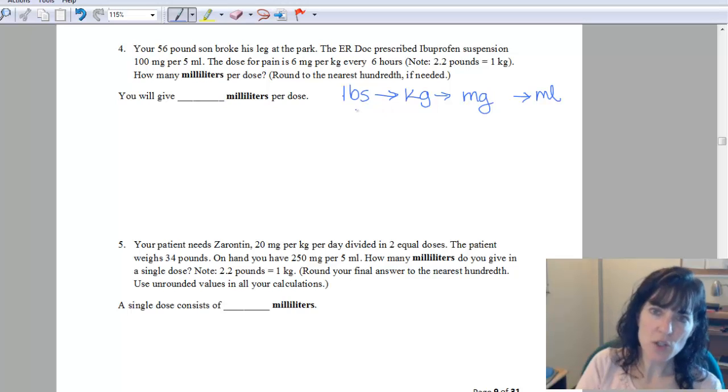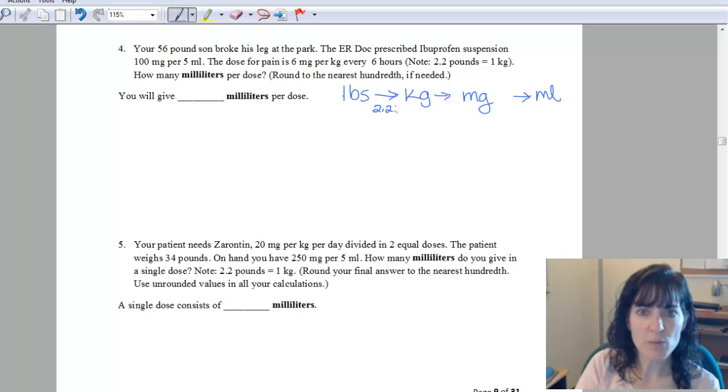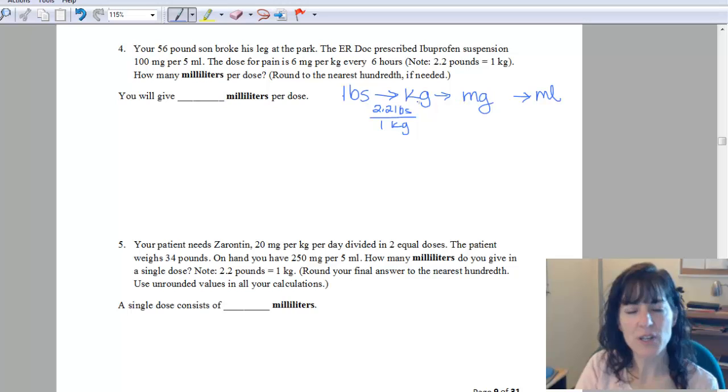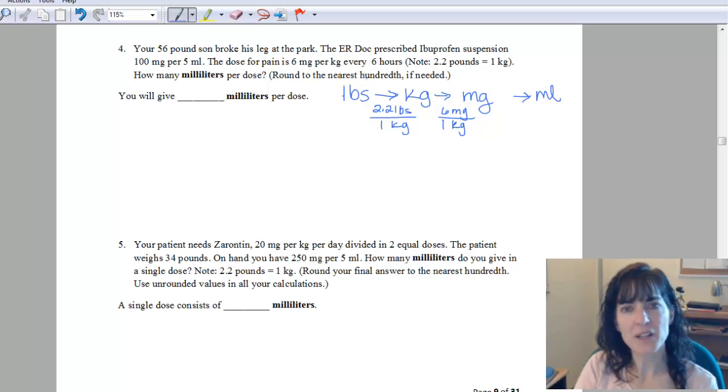So what I can do is maybe put my conversions right underneath the arrows where I have to make that conversion. So I know I have 2.2 pounds per 1 kilogram. That'll be for that first conversion. The kilograms to milligrams, I have 6 milligrams per kilogram. So let's put that 6 mg per 1 kg.